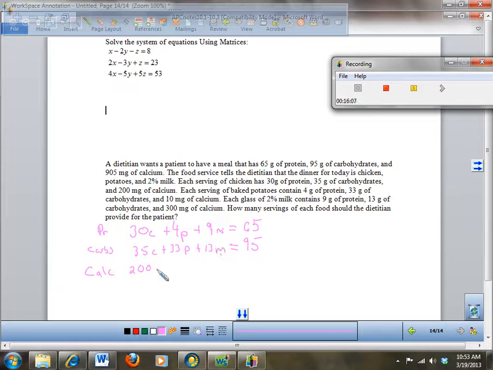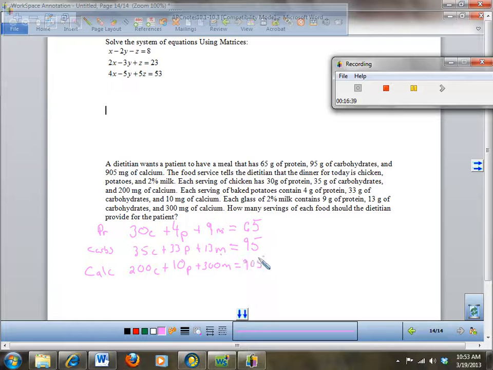Okay, this is 200 milligrams of calcium for chicken. See, this is why it gets very confusing. And then you have 10 milligrams in your potatoes, and then you have lots of milligrams of calcium in your milk. Okay, and that should add up to a total of 905 up there.